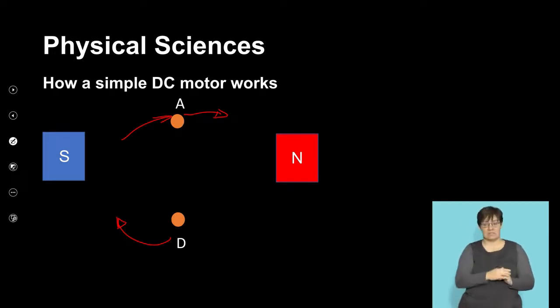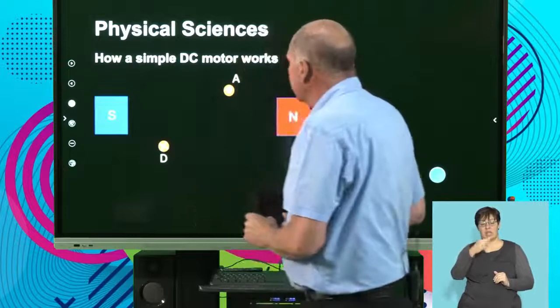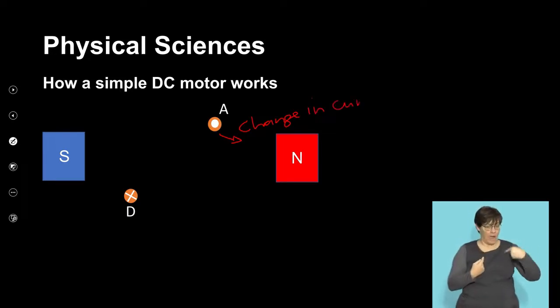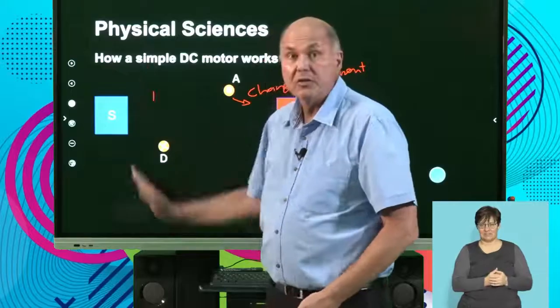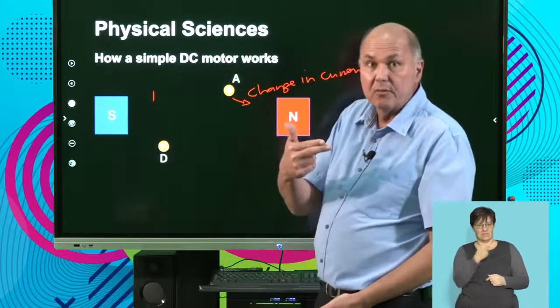But what I want you to see is the split ring commutator has an interesting effect. At this point, the current now is different in A. There's been a change in the direction of current. A was going into the board on this side, closest to the South Pole. When it's closest to the North Pole, it's now out of the board.